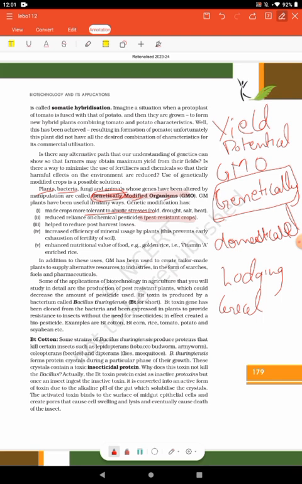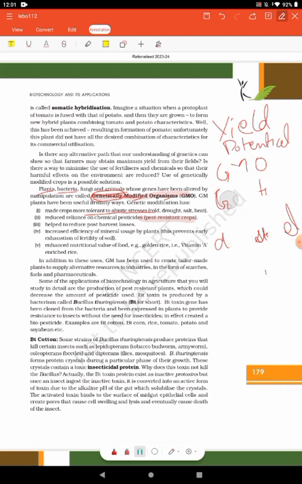Then it also increases the nutrient quality, or you can say nutritional composition of the crop. You have heard of biofortification also, means you are improving the quantity or amount of any particular type of micronutrient or mineral in the crop by modifying the genome of the plant.